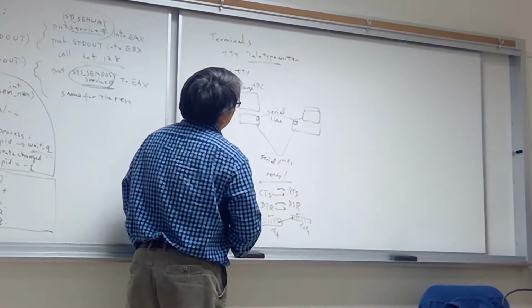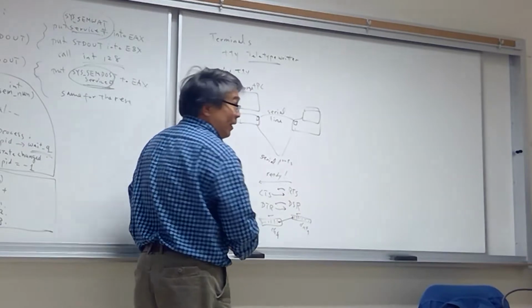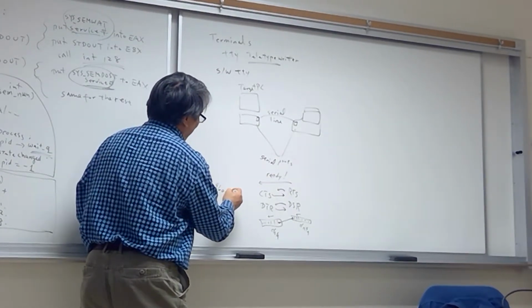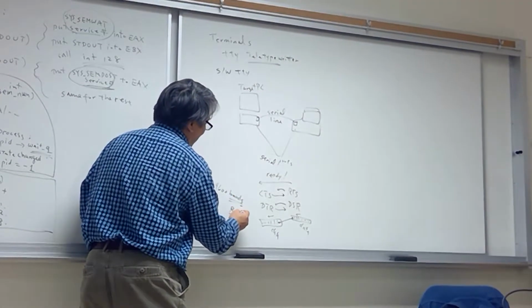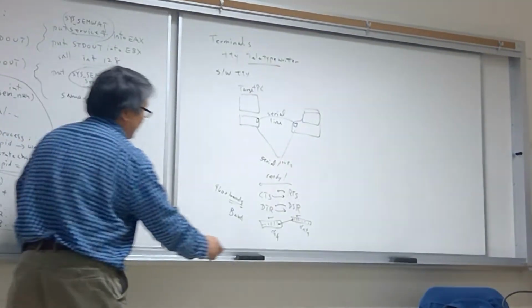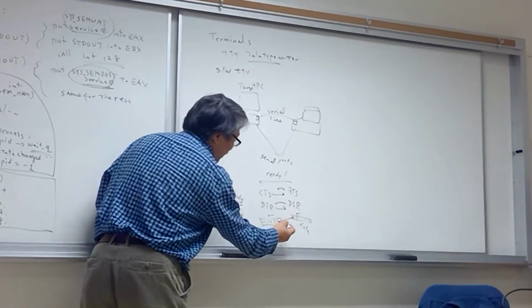Okay. So when sending, it has a speed. Sending speed is preset, say 9600 baud. Baud is a person's name. So that means the sample rate is 9600 per second, sampling this wire.